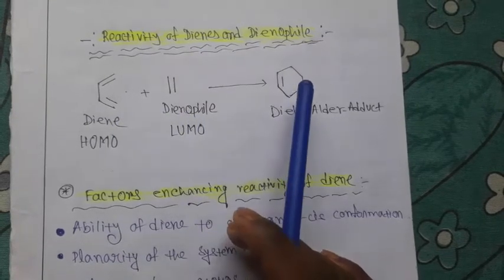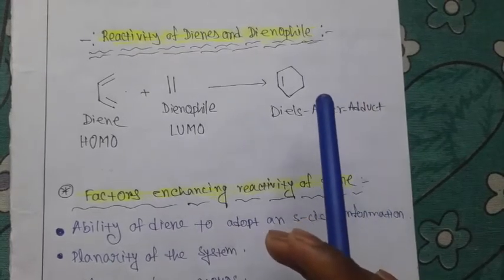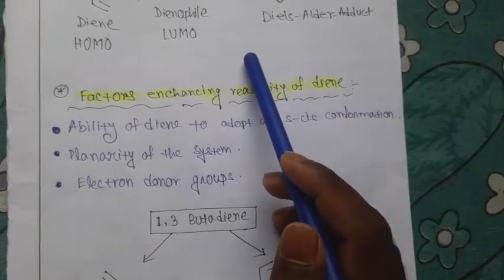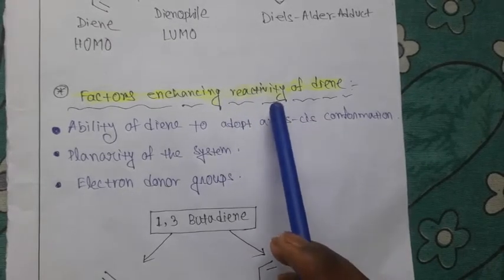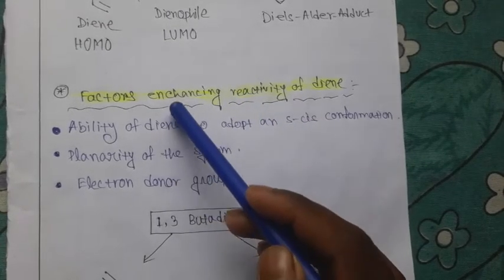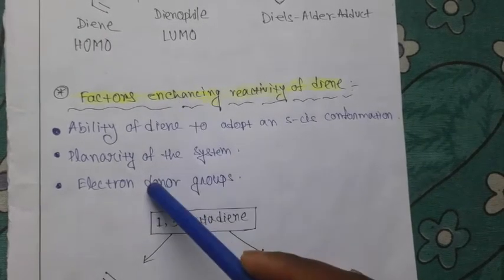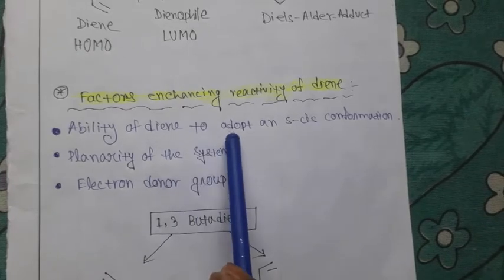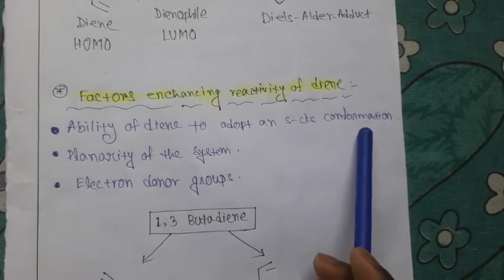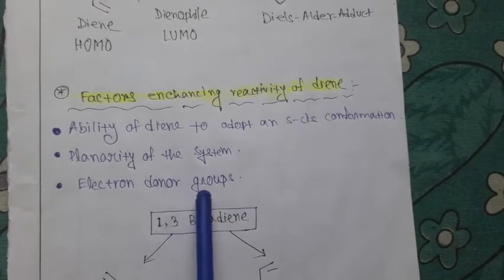So the rate is affected by the nature of diene and dienophile. Let's first discuss the reactivity of diene. The reactivity of diene increases by the following factors: ability of the diene to adopt an S-cis conformation, planarity of the system, and electron donor groups.